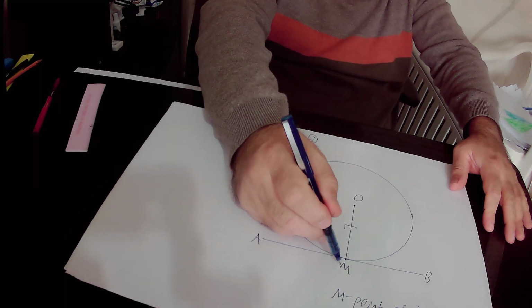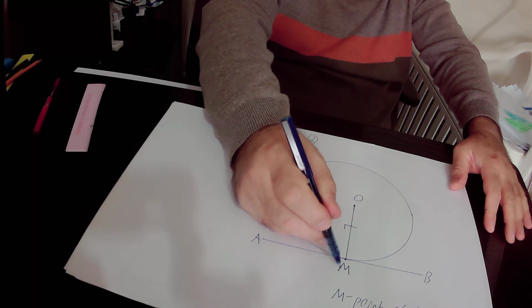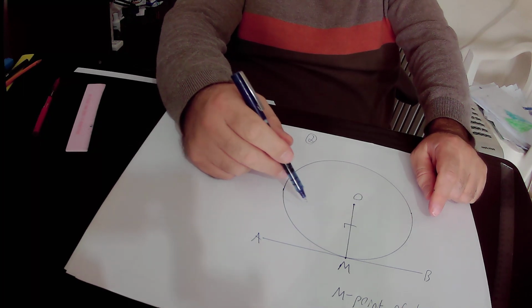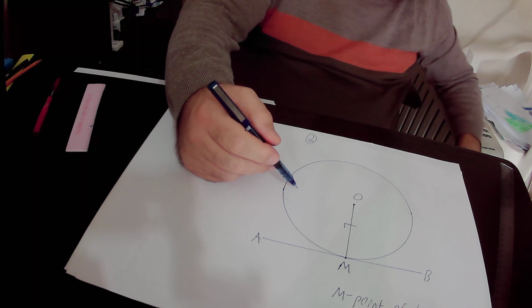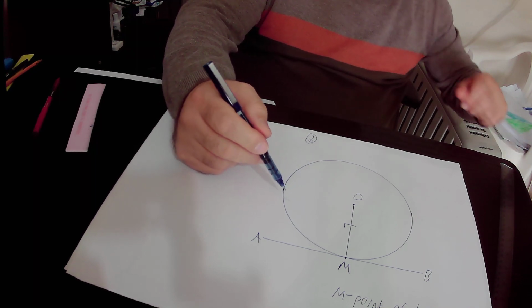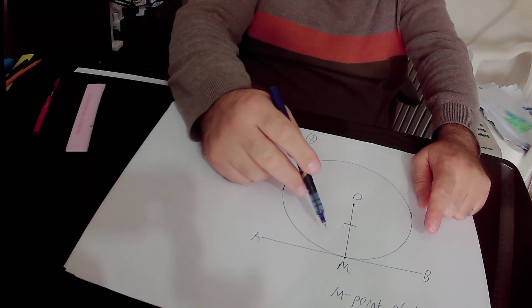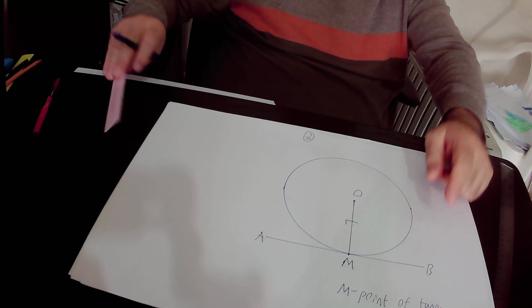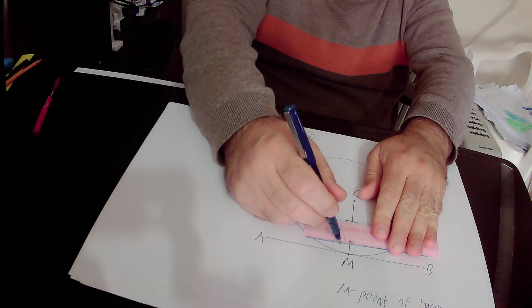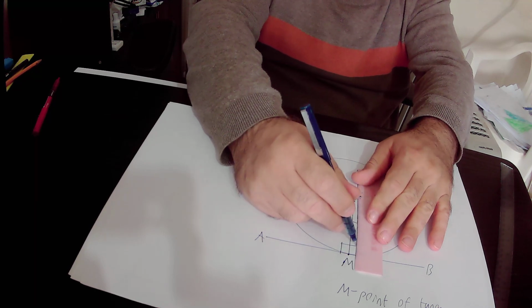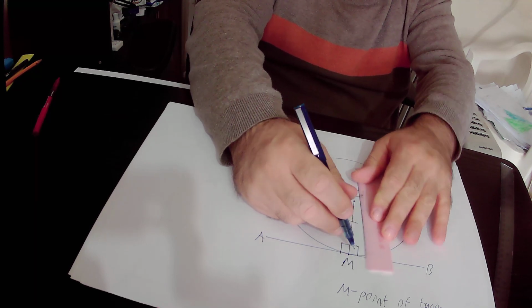That is to say, it is drawn to point M, the point of tangency of tangent AB with this circle. Therefore, according to rule number 1, the tangent AB will be perpendicular to this radius. That is to say, this angle will be equal to 90 degrees, and this angle will also be equal to 90 degrees.